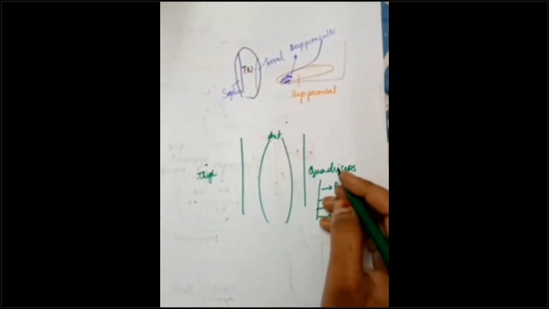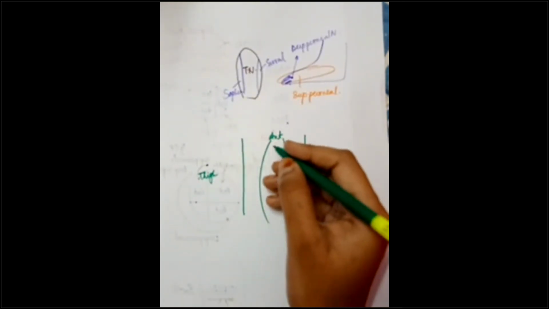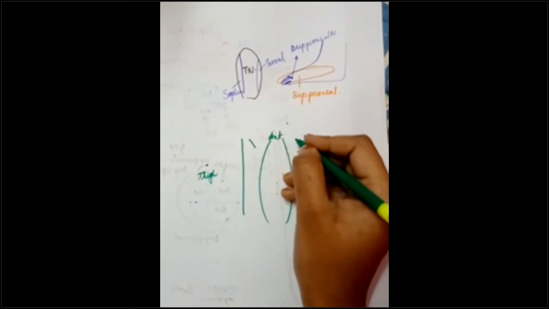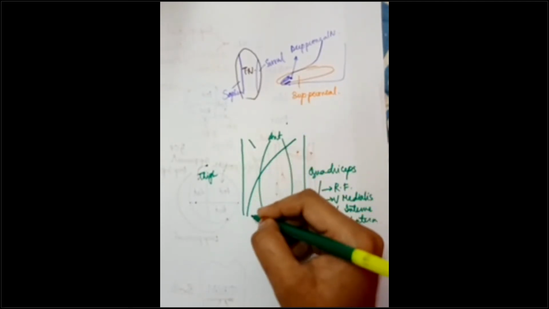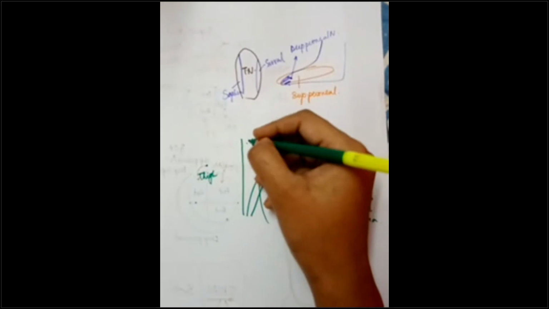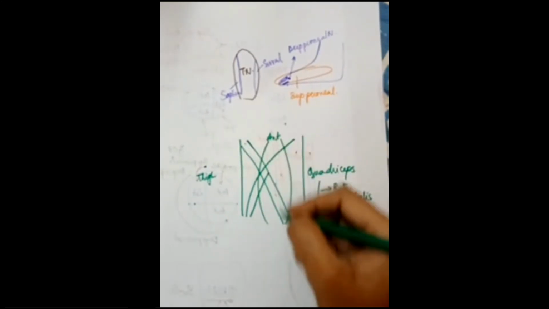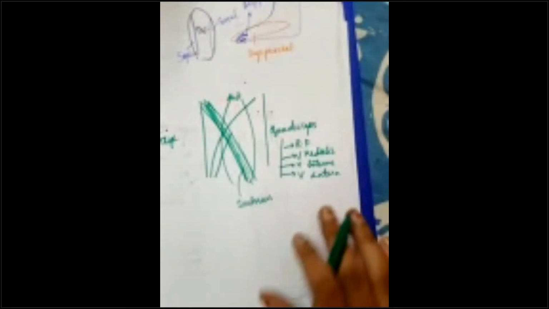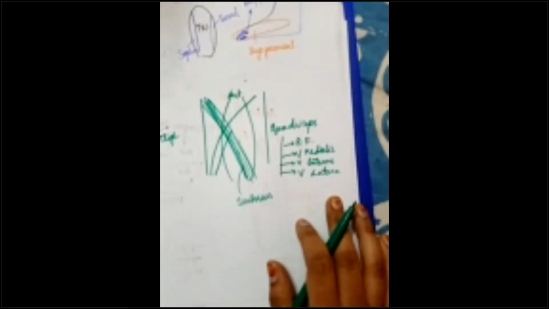Quadriceps femoris done. Then you have one beautiful muscle, sartorius, which will cross from lateral to medial, a crossing, strap-like muscle. What else is there?